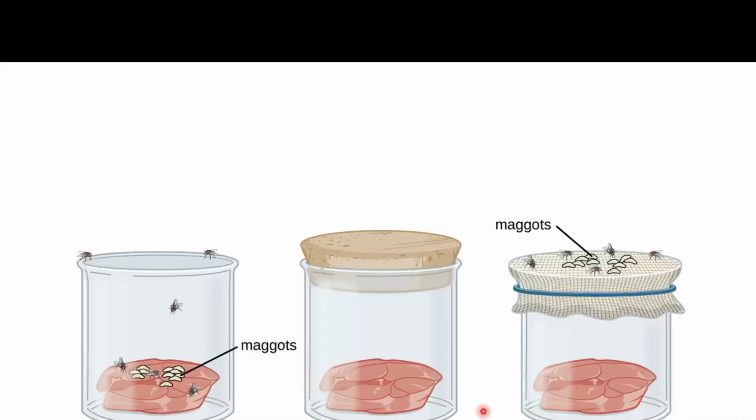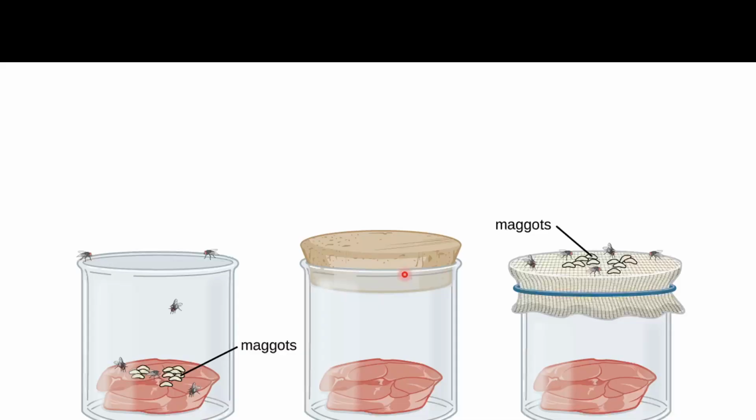Now he sealed the container with a cork, a tight sealing. There is no passage of air, so no flies. When the meat was kept in a cork-sealed container, there was no formation of maggots because there is no exchange of air or gases, and the meat piece is sealed.